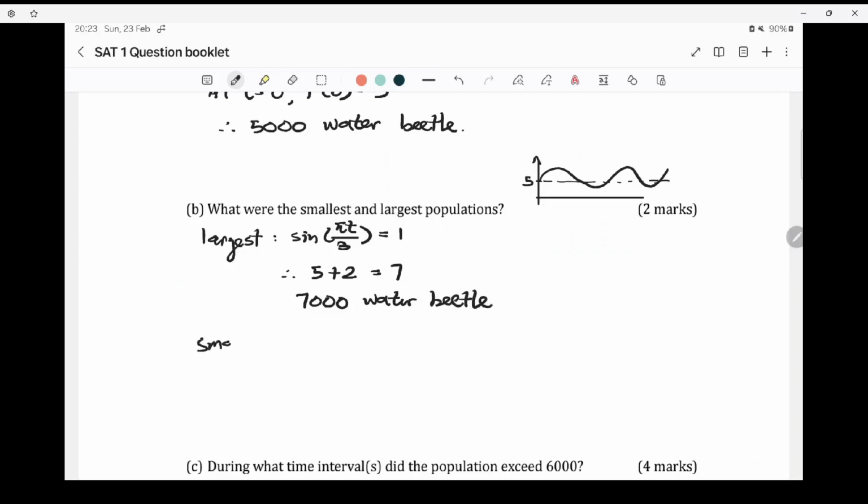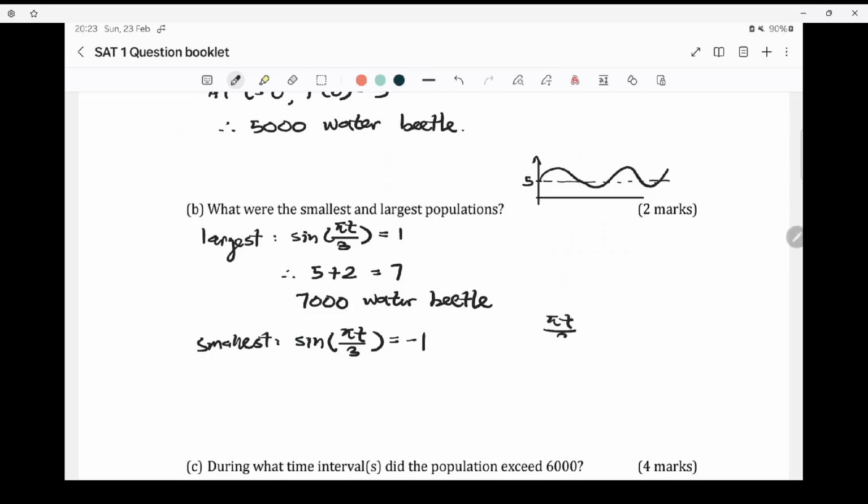Smallest, it will be when your sine of pi t over 3 is minus 1. So that happens when it is 3 pi over 2. Let's check whether this is possible or not.